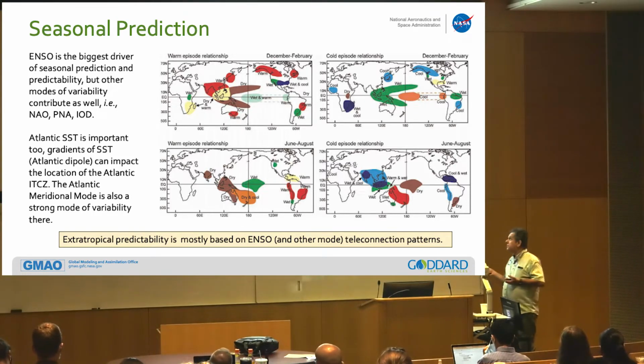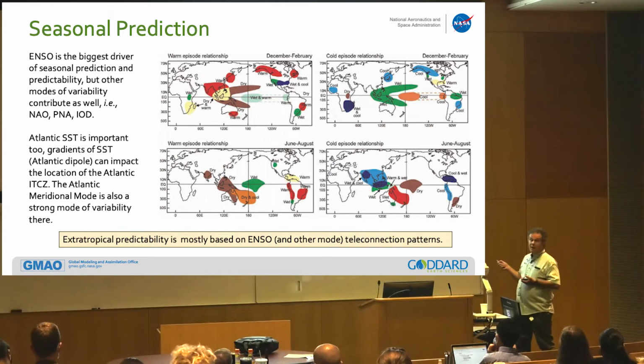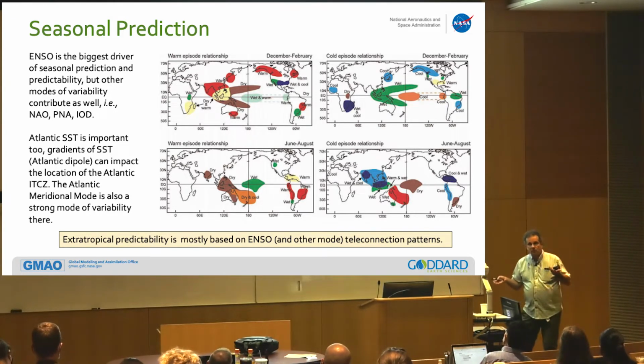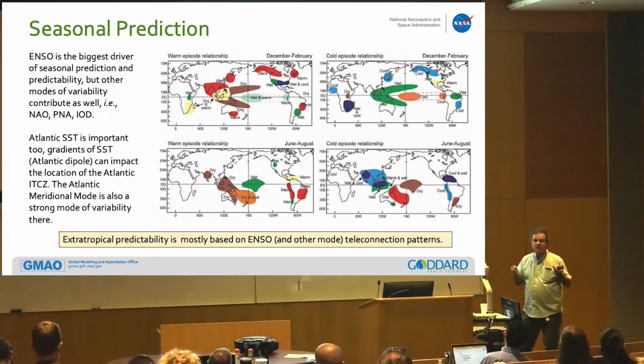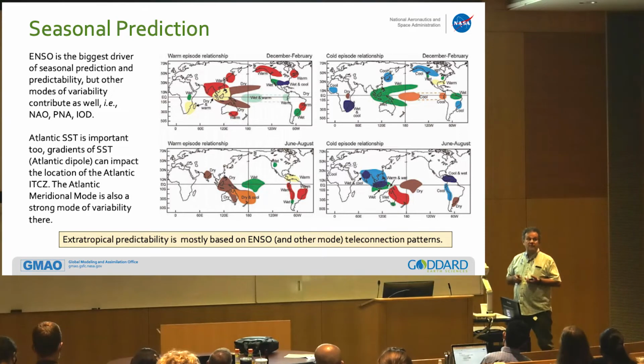However, once you couple to the ocean, the ocean state retains information much longer, right? So for a lot of those seasonal prediction problems, the initialization problem, the data simulation that becomes important is the ocean state. So you have to do ocean data simulation, and the simulation of the land, which also has a much longer time scale.